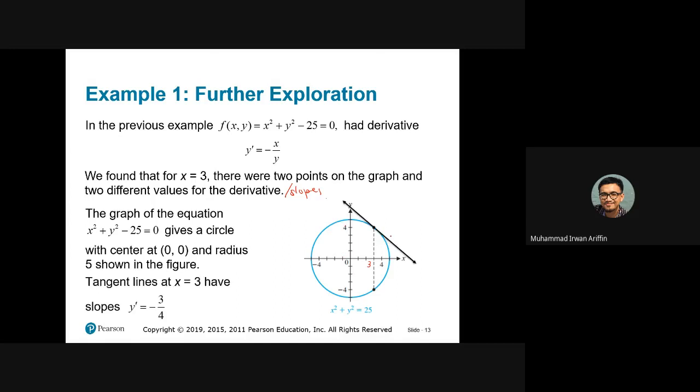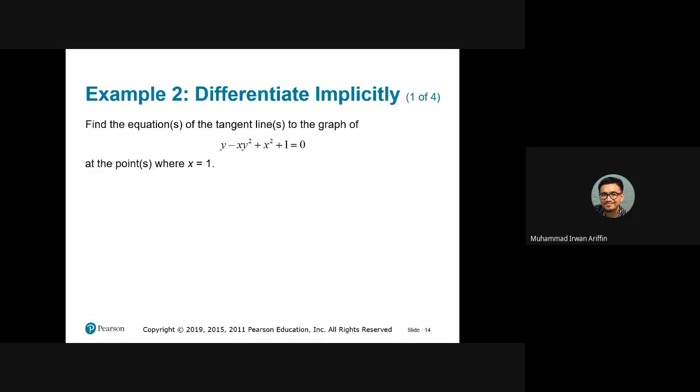This is the first tangent line, which is negative, where the slope is negative 3/4, and this is where the slope is positive 3/4. So this is a circle and it is not a function. This is one application of implicit differentiation where we can find the slope of the tangent line easily.